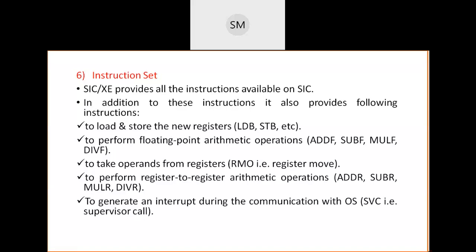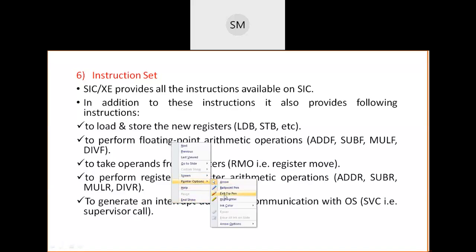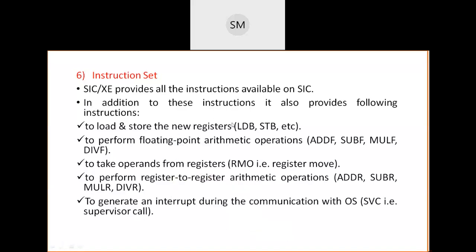The B register is the base register, and the last one, F, is the floating point accumulator register. So these instructions are load and store, for loading and storing the registers.